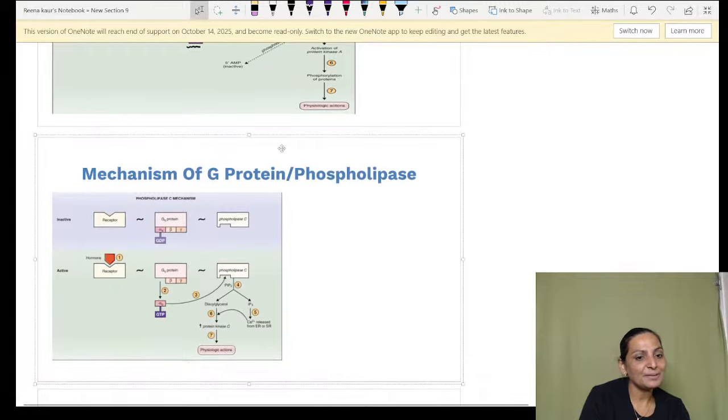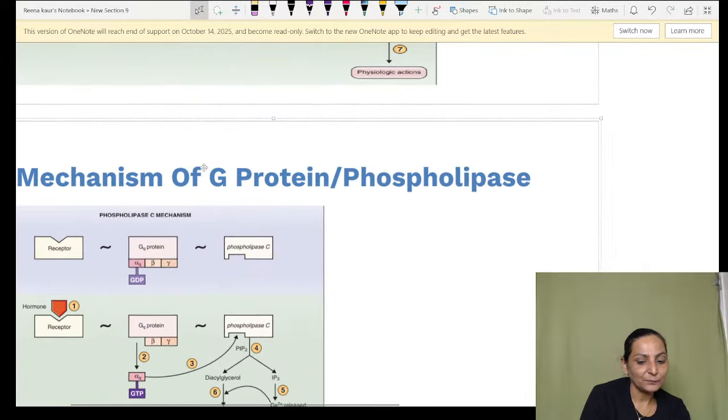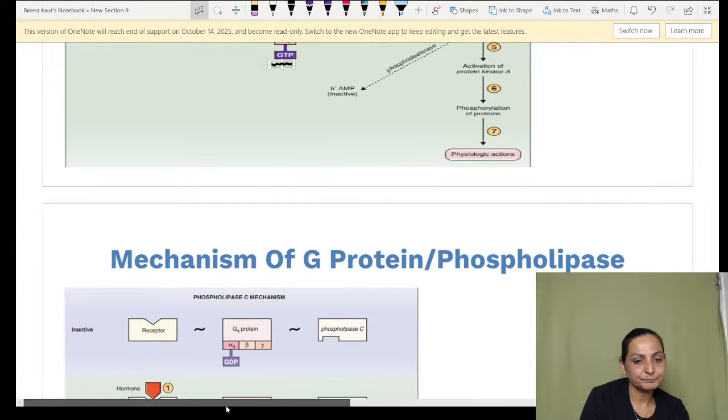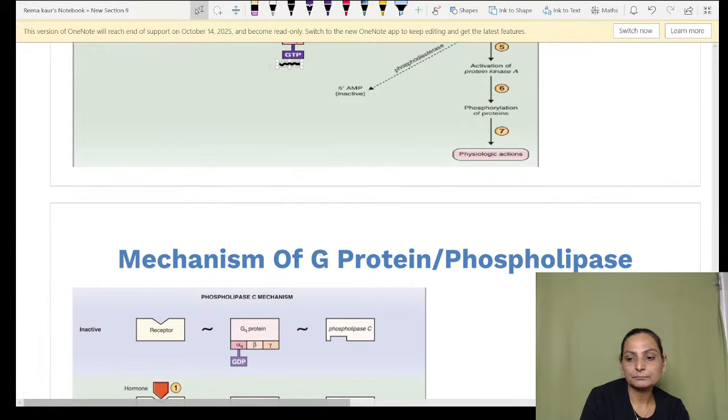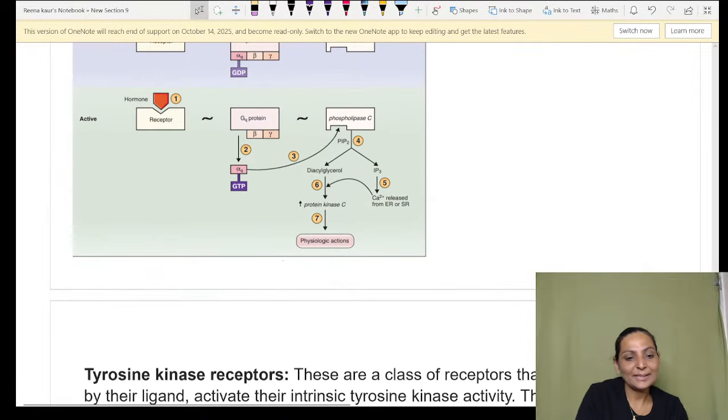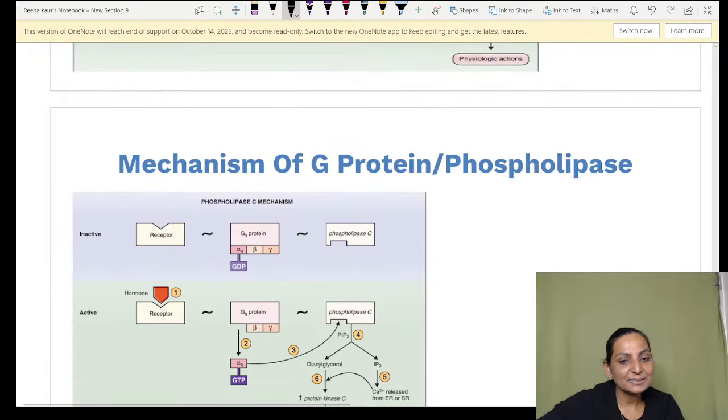There can also be phospholipase. So when there is phospholipase, what is present is Gq. Again, GDP and GTP will remain the same.